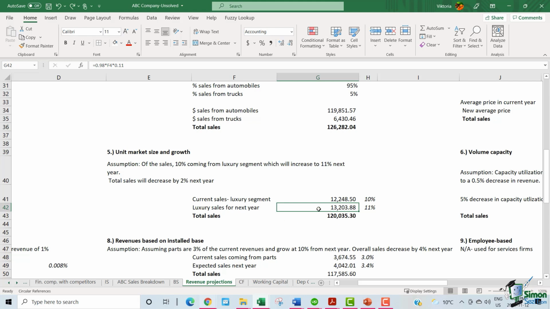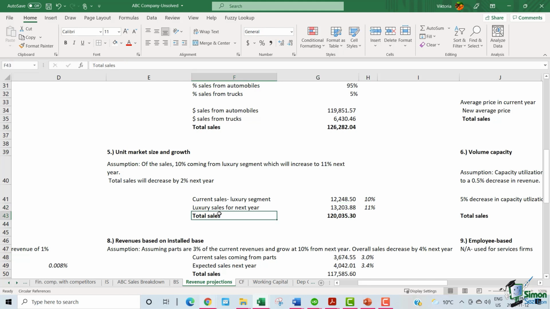So effectively, what we do over here is that we first calculate the total sales in this part of the formula. So it's 98% times the net sales for the current year, and then we multiply that figure by 11%, which is the portion of the sales coming from the luxury segment. The luxury sales figure for the next year is $13,203.